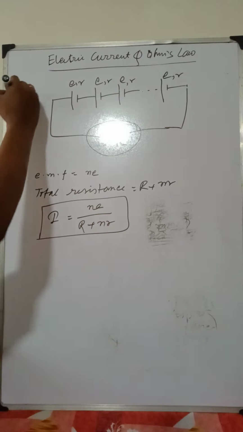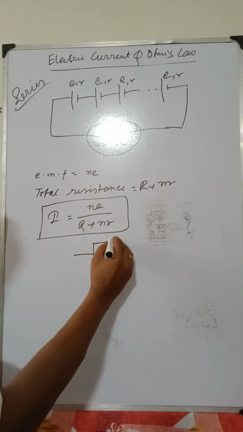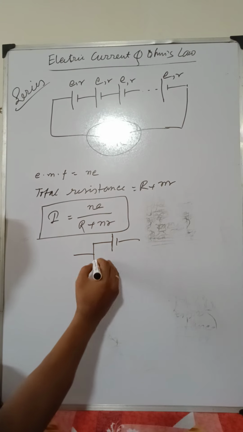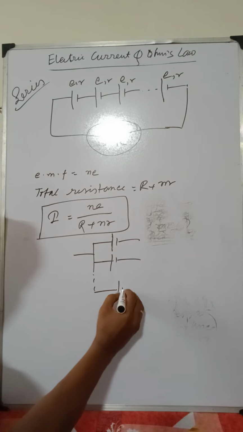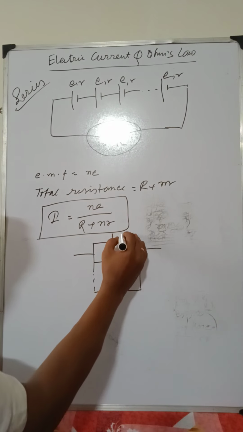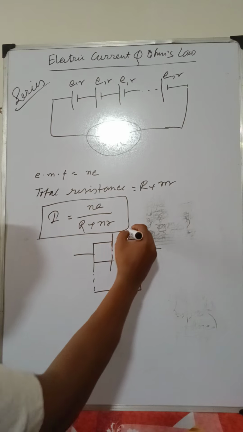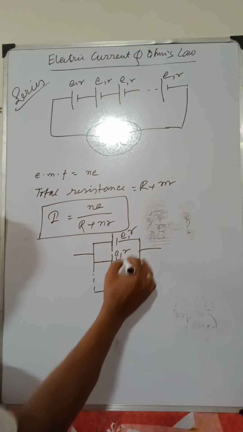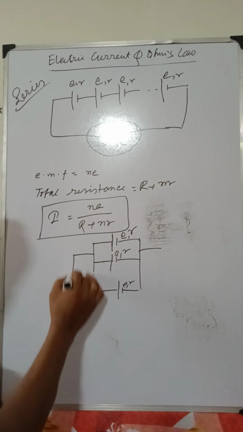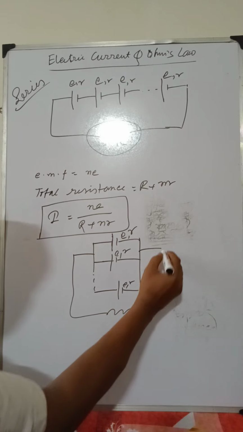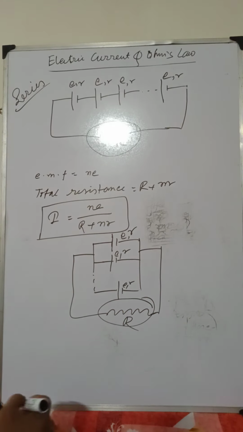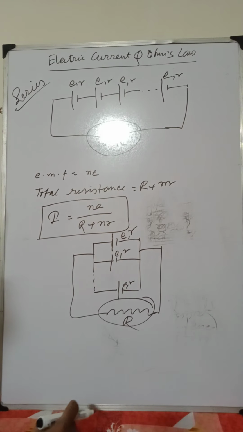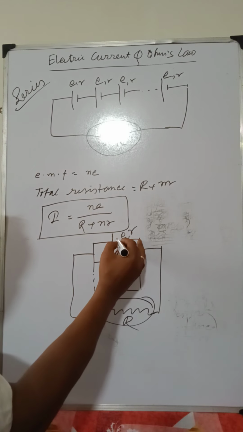Now, if cells are connected in parallel, suppose there are n number of cells connected in parallel, all having the same EMF and internal resistance. For easier calculation we take this, and we connect it with the external load resistance R. Here the effective EMF will be what?